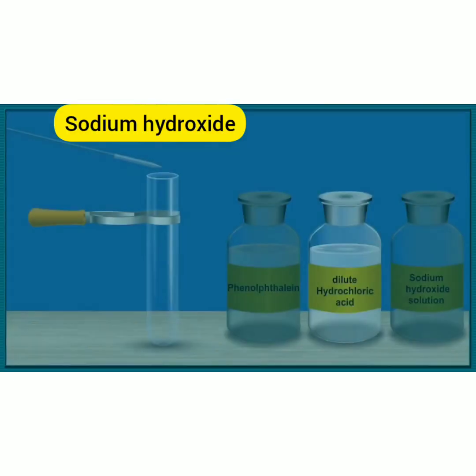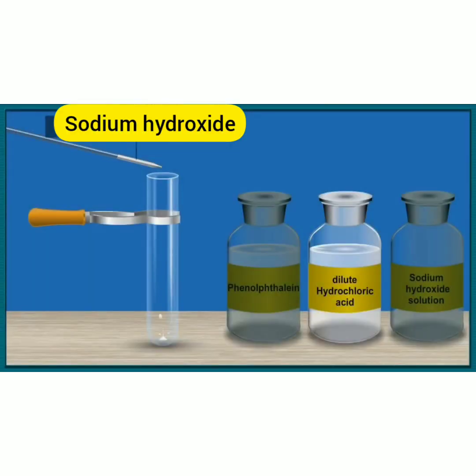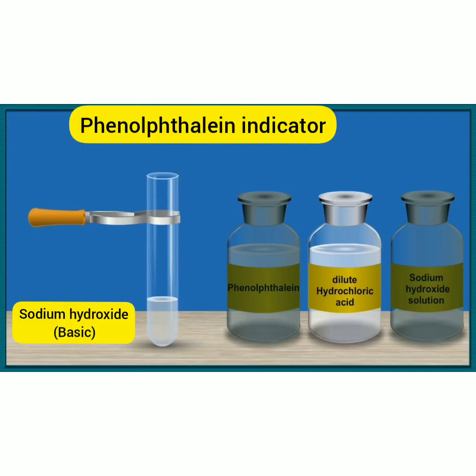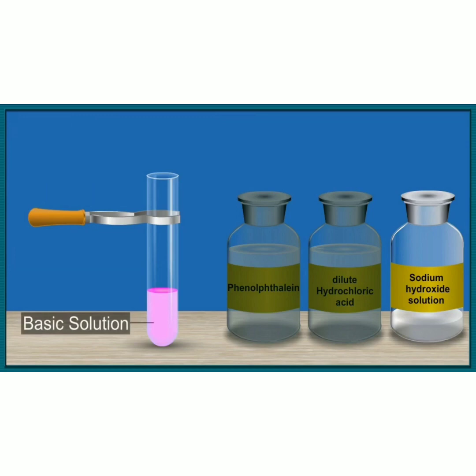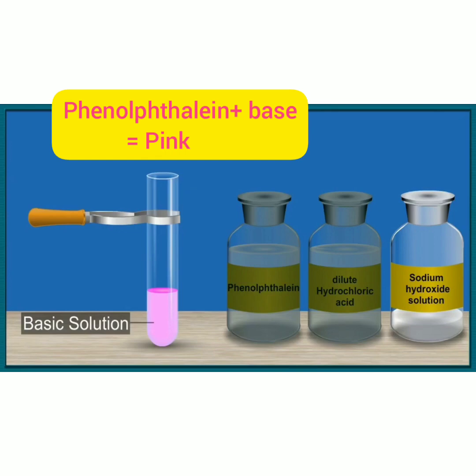Let us add some sodium hydroxide solution, which is basic in nature, to the test tube. To the solution, add a few drops of phenolphthalein indicator. Now, see if the color of the mixture changes. You will notice that the solution turns pink in color. This shows that the solution in the test tube is basic, as phenolphthalein gives pink color in basic medium.